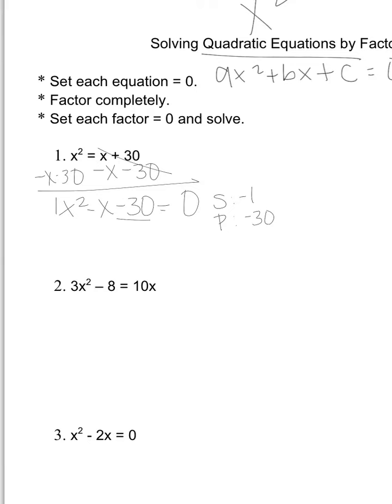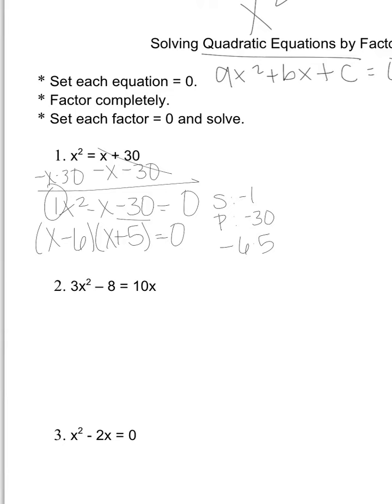So we're wanting to add to -1, multiply to -30. That would be a -6 and a +5. Okay, so we factored it, and notice since this is a 1 in front of x squared, we don't have to use the swing method because we would get the same exact thing.